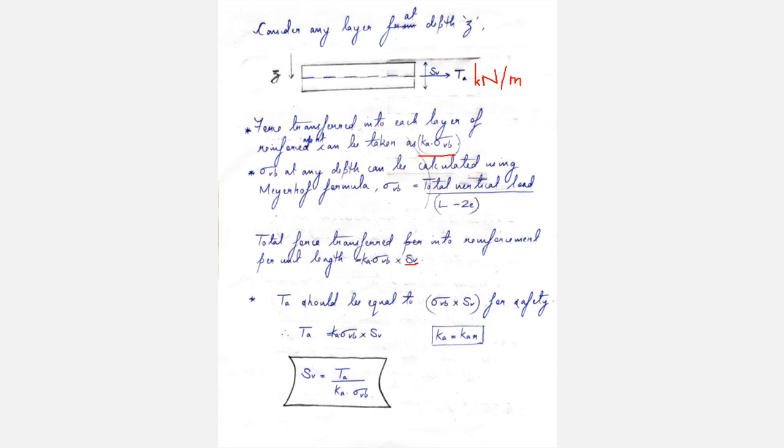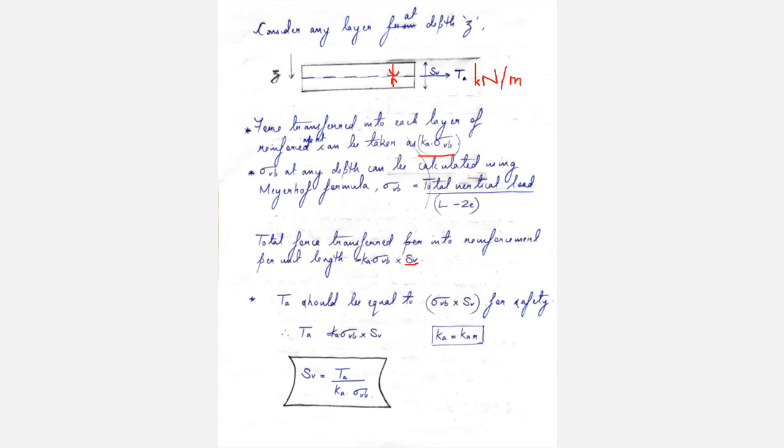If you consider a reinforcement at a particular depth, the contributory forces come from a length of SV by 2 above the reinforcement and SV by 2 below the reinforcement. So that is why in effect we consider that as SV.